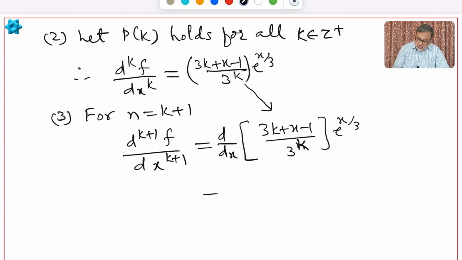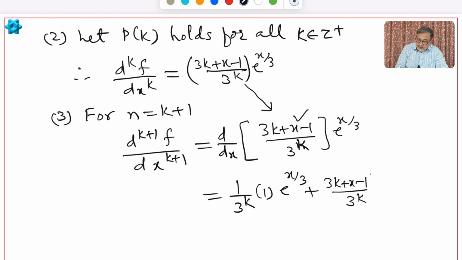Okay, so 3 raised to k is a constant, we will take it out. So 1 upon 3 raised to k. Okay, and derivative of x is 1; e raised to x by 3 we will write as it is. Second time, this we will write as it is, (3k plus x minus 1) over 3 to the power k, we will write as it is; e raised to x by 3 will become into 1 by 3, right.